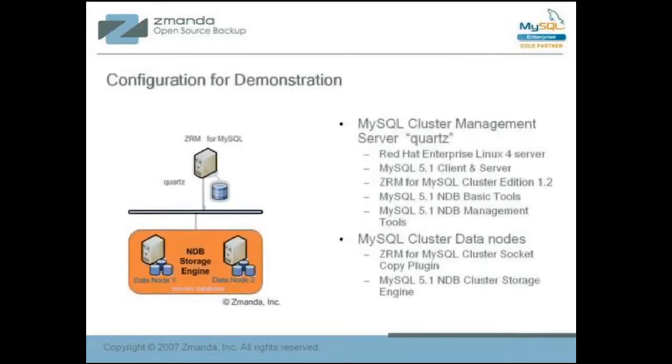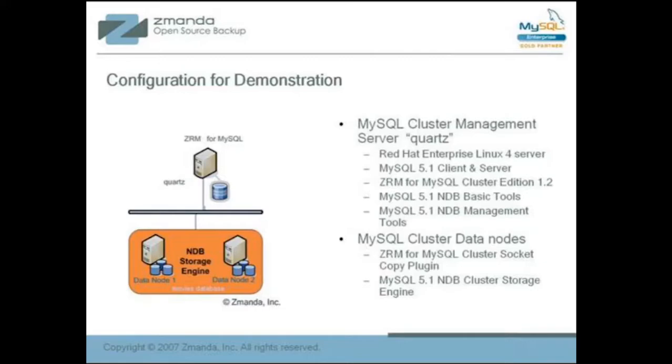For our demonstration, we will be using the configuration illustrated in this diagram. Our ZRM backup server, Quartz, is running a Red Hat Enterprise Linux 4 server and is configured with MySQL 5.1 Client End Server and ZRM for MySQL Cluster Edition 1.2.